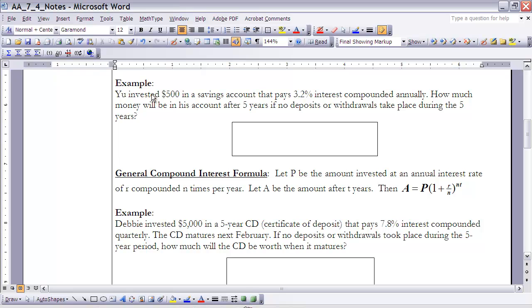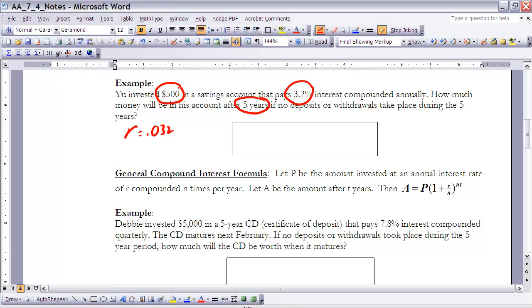We started with $500, so that would be your P value. The interest rate is 3.2%. Remember what that means: the R, we have to write that as a decimal, would be 0.032. And the amount of time the money was in the account was 5 years.